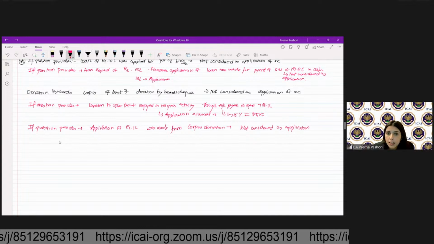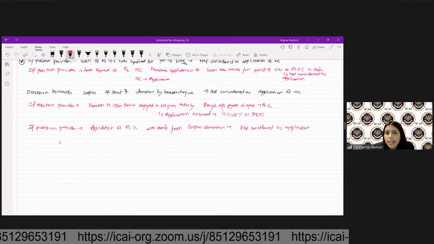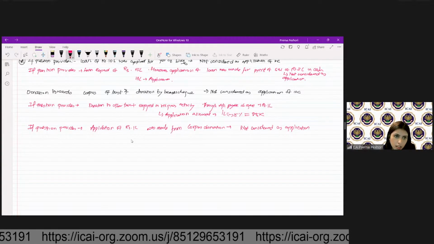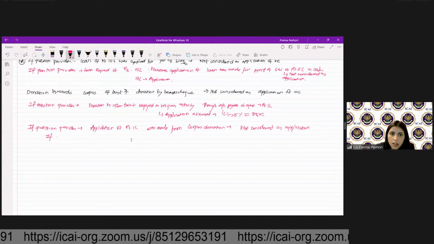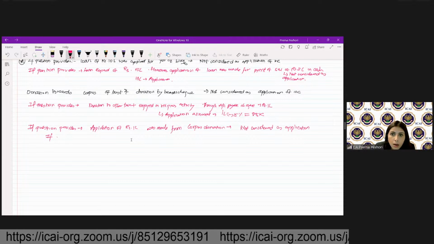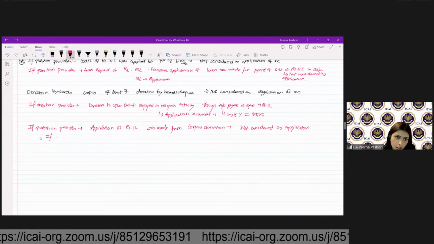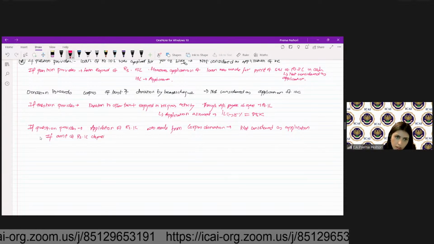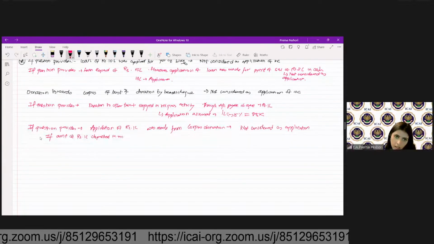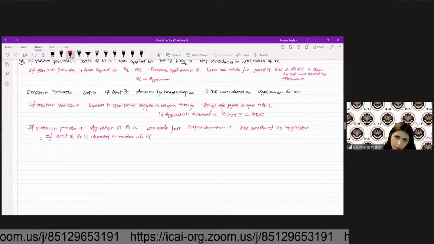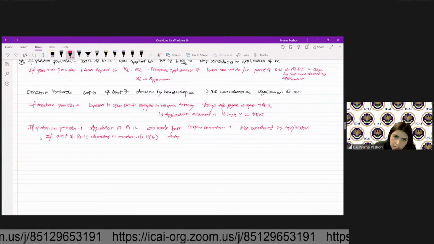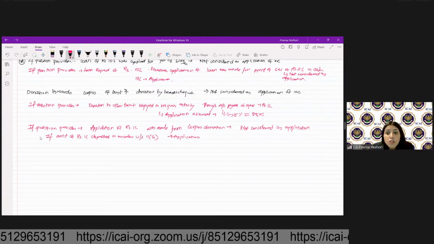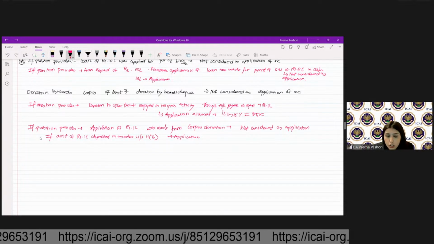Yes, this is not considered as the application. However, if amount is deposited in modes under section 11.5, then this will be considered as application. But this is subject to the satisfaction of the condition.